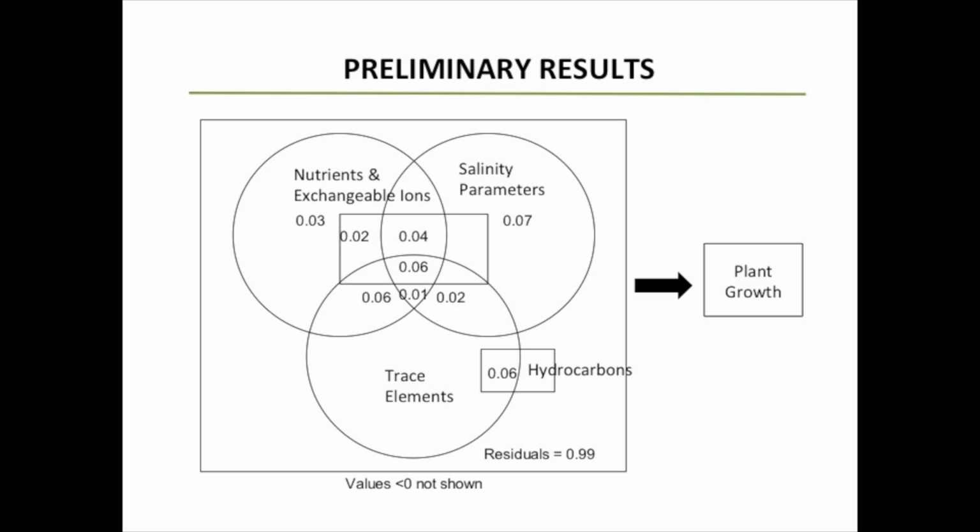So the summation of these percentages from this analysis gives us an idea of what is happening with these chemical parameters and plant growth. It's to have an idea also that interactions between them are also interesting to study, not only the amounts of chemicals that we have.